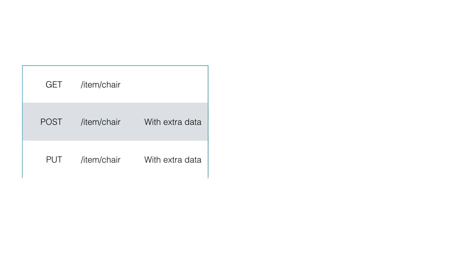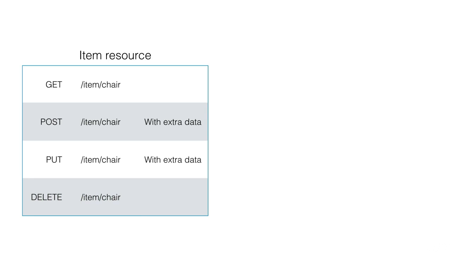It also has been programmed to accept this request, PUT /item/chair, presumably also with some extra data so it can create or update the chair. And also it can deal with a DELETE /item/chair. As you can see, all of these four requests have the same endpoint /item/chair. That's because they are all accessing the same resource, the chair element of the item resource.